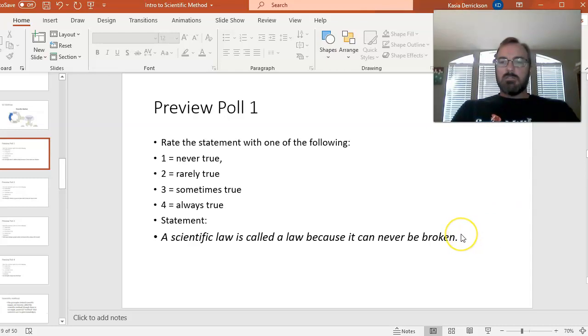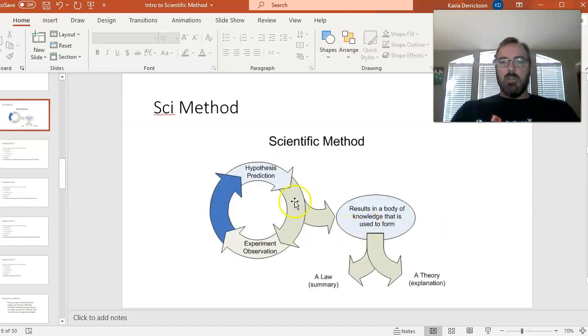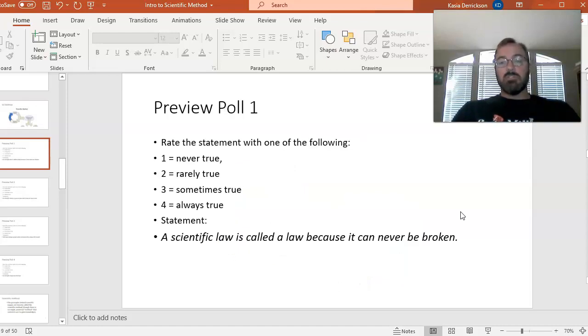A law, in science, is based on observations, and we can have new observations that refine our ideas. And so going back to this, this whole process is iterative. We keep refining our knowledge and laws and theories in a continual process. So yeah, sometimes a law could be broken. There's lots of examples we could go through on that.